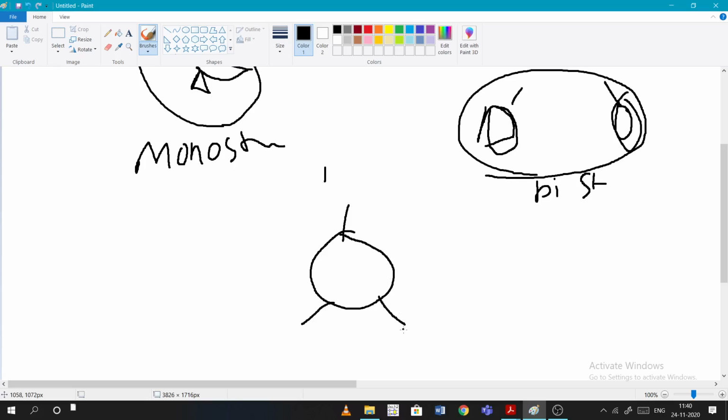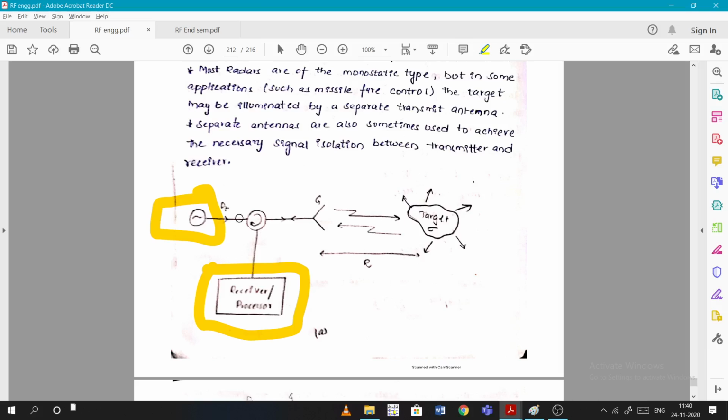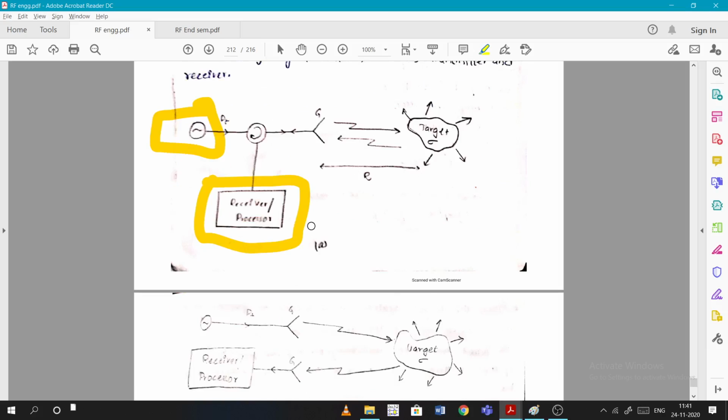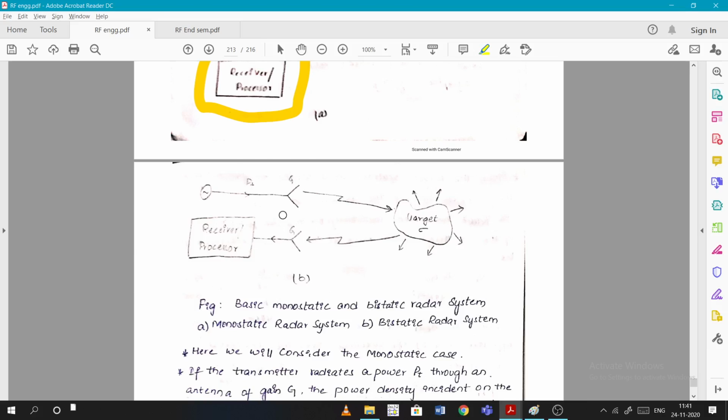When a signal is at port 3, it will go only from 3 to 1, not from 3 to 2. If the signal is at 1, it goes to 2, and from 2 to 3, not in the reverse direction. So when the signal comes from the transmitter, it goes to the antenna. When the signal comes to the antenna, it goes only to the receiver. This is monostatic.